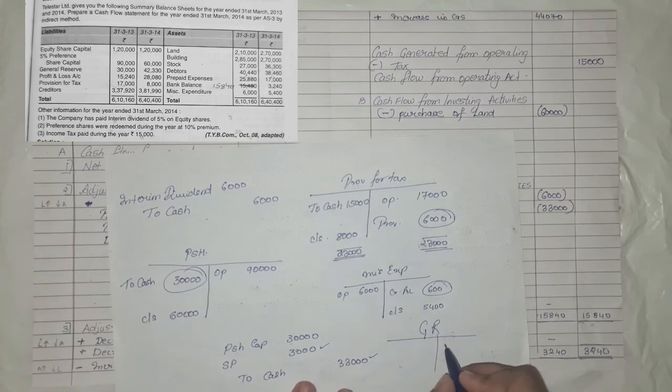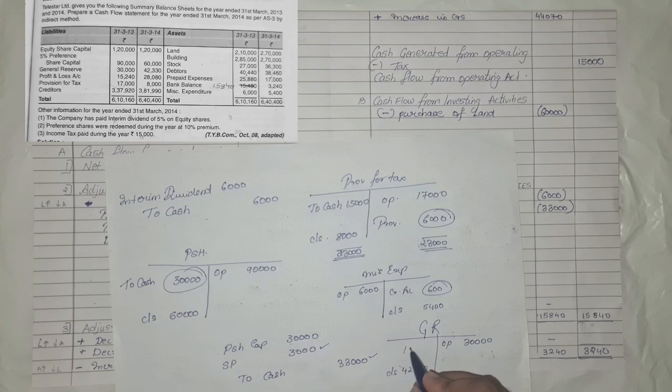General reserve is a liability, so opening balance was 30,000 and the closing balance was 42,330. So there's an increase.